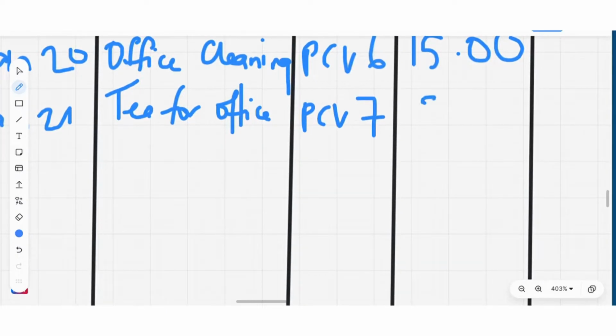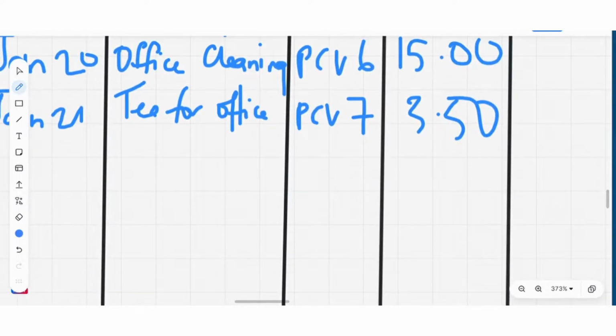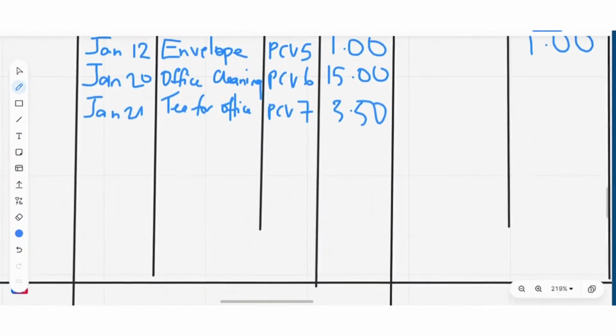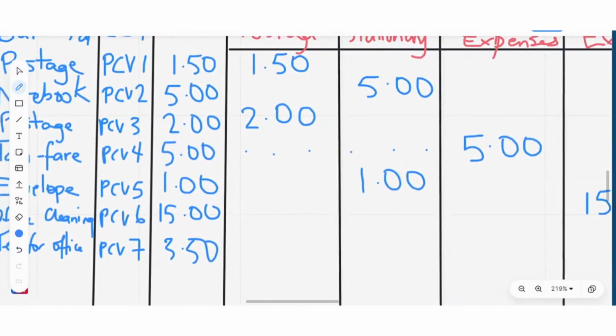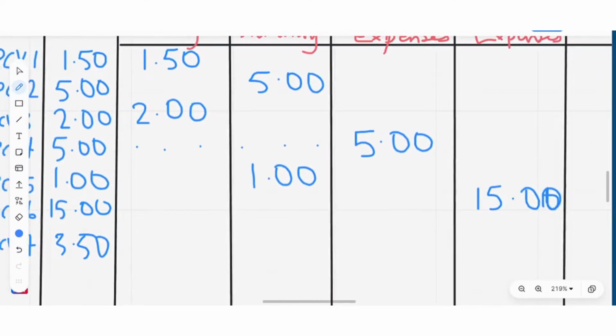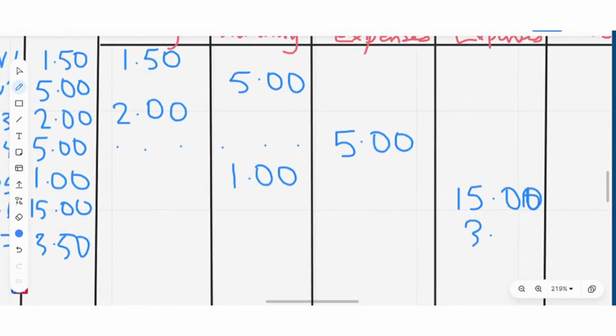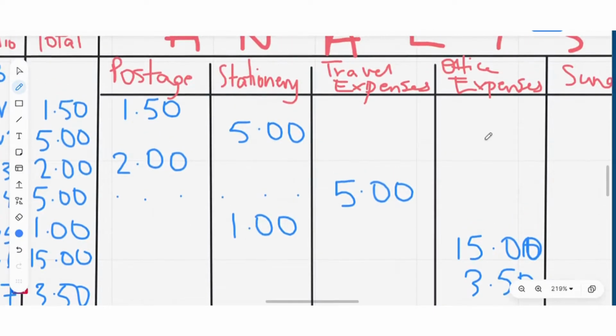That was for $3.50. And that is going straight up because it's for the office, we're going to put that under office expense. So see there, office expense right there.